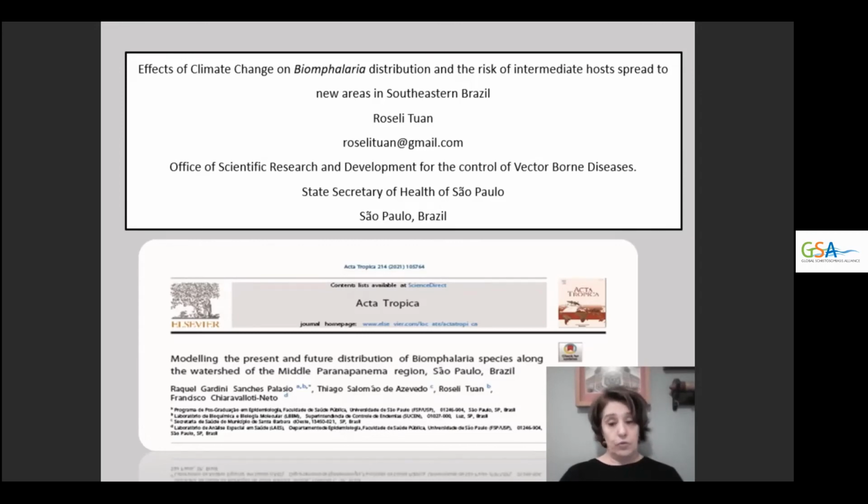I also want to stress that Raquel Gardini Sanchez Palacio, my PhD student, and the partnership with Universidade de São Paulo made possible the development of this work, which resulted in a present and future mapping of 5 Biomphalaria species, which inhabit a special region in São Paulo called the Middle Paranapanema region.